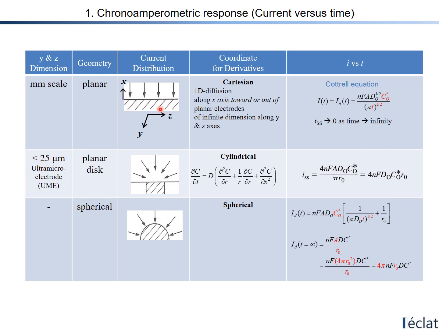The y dimension or z dimension of the plate electrode would be very large compared to the micrometer scale thickness of the non-steady diffusion layer. So maybe those scales would be around several millimeters, at least larger than 100 micrometers.